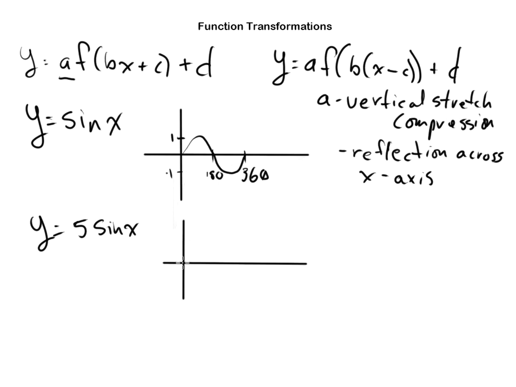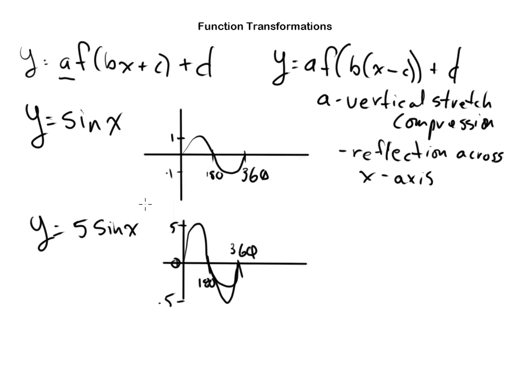But it's going to be substantially stretched like this. Forgive the fact that my graph isn't terribly symmetric. But now the amplitude is 5. So that's 0 there, and then this is going to go down to -5. But the period length hasn't changed at all. So this is still 180 and this is still 360.